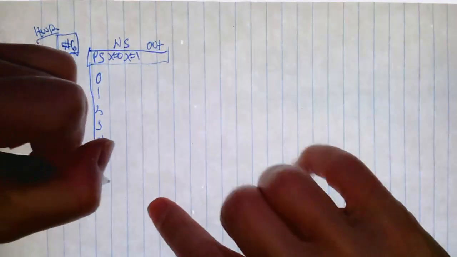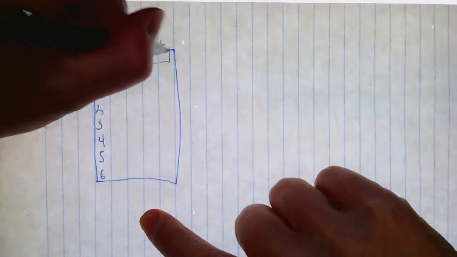Next states are for x equal 0 and x equal 1, and then we'll have an output. So if you're in state 0 and you get a 0, your next state is 5, and otherwise it's 2.